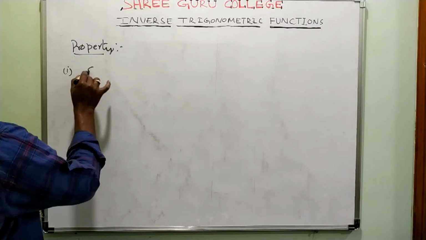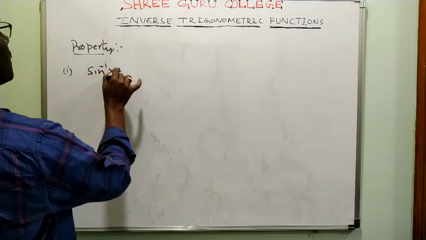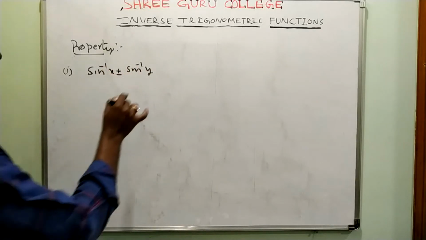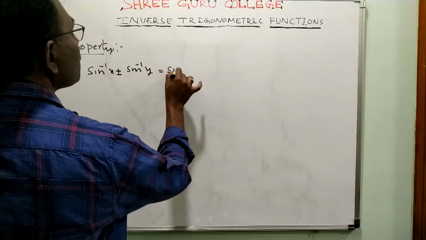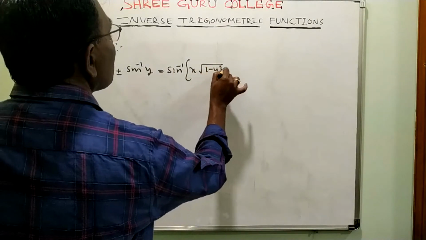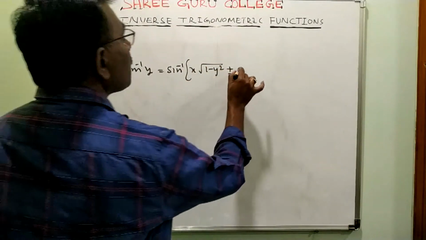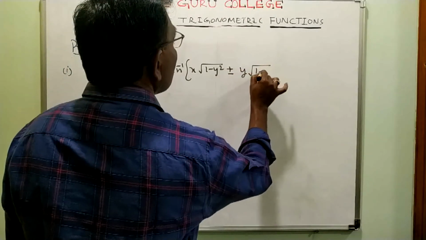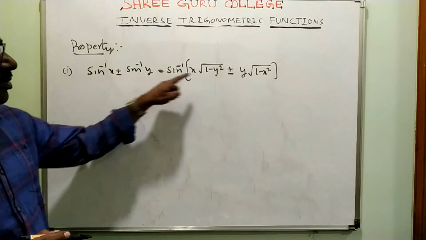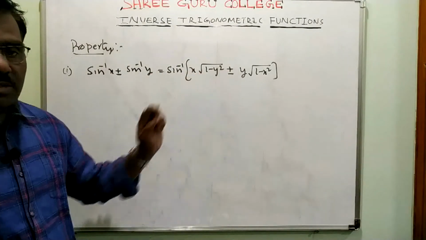Number 1, sin inverse of x plus or minus sin inverse of y is equal to sin inverse of x into root 1 minus y square plus or minus y into root 1 minus x square. If it is plus, plus in the answer; minus is minus in the answer.